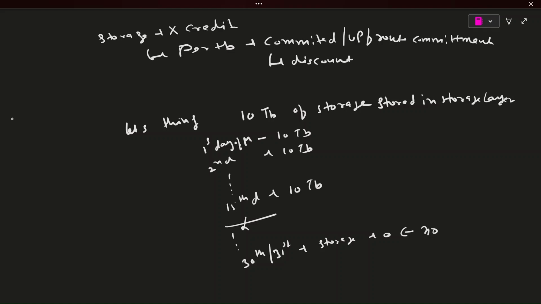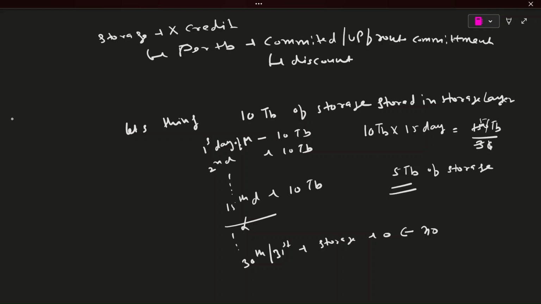So basically you had 10 TB for 15 days, which means 150 TB-days, divided by 30. On average for this full month you have used 5 TB of storage, and you will be charged for this 5 TB.